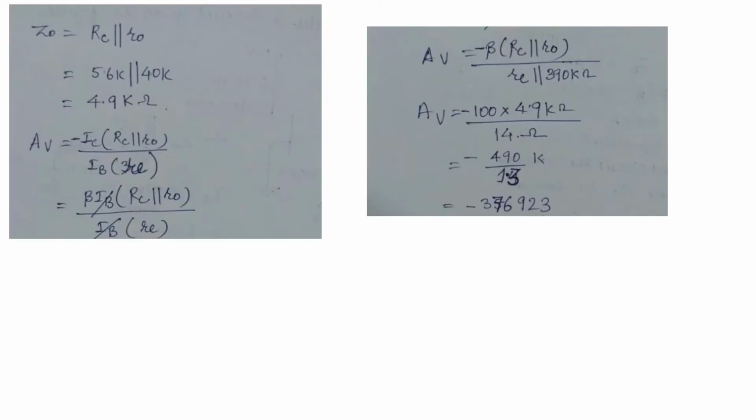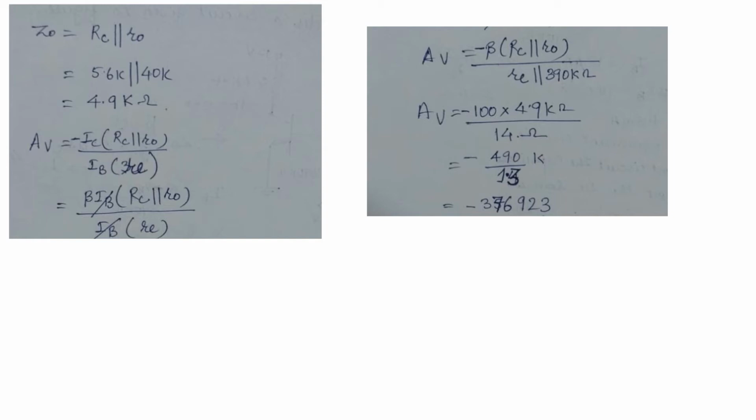Next, impedance Z0 is RC parallel R0. AV is minus IC into RC parallel R0 upon IB times re. So substitute the value of IC, which is equal to beta times IB.